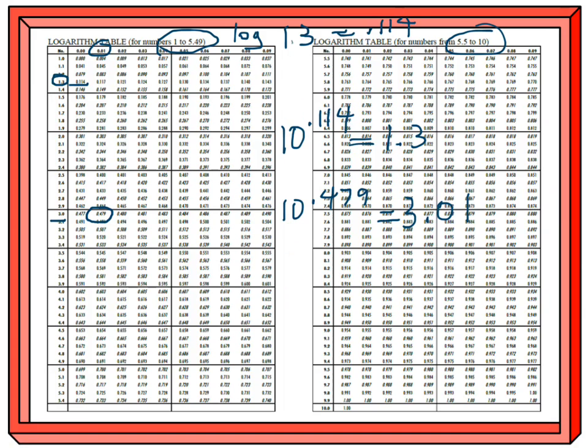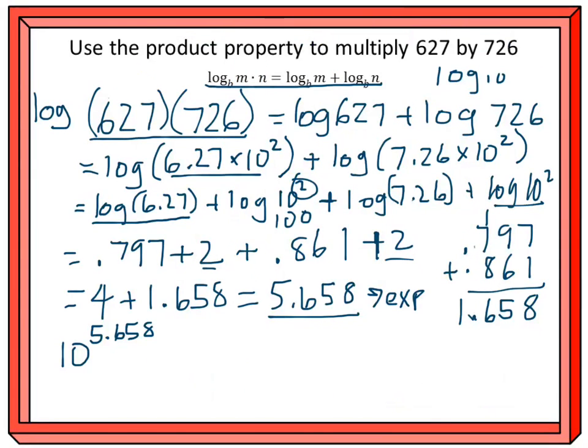Because remember when we're looking backwards, when we're trying to find an actual power of 10, I start at 0 and I go all the way to 1. There's no way for me to get 5.658 from this table because it only goes all the way up to 1.